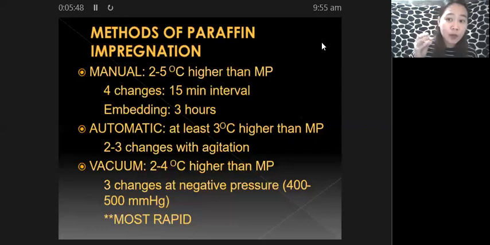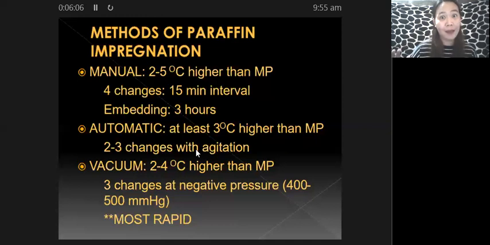So this is to ensure that the block has completely solidified so that the proper orientation of your tissue sample is maintained.